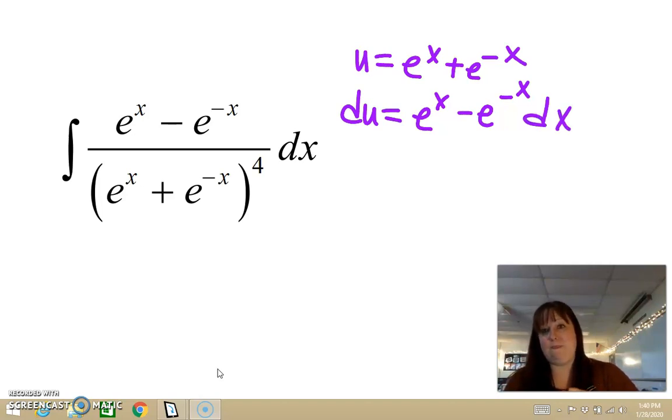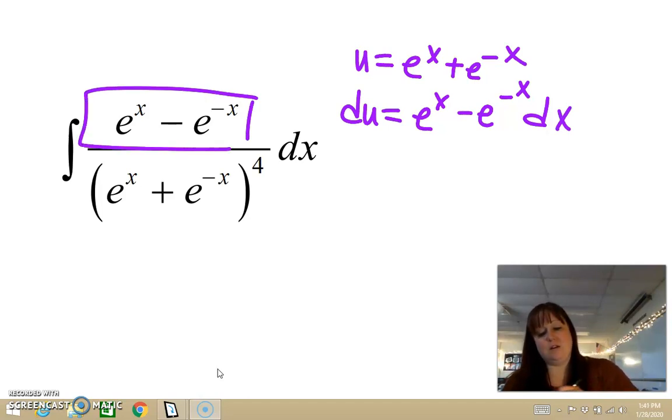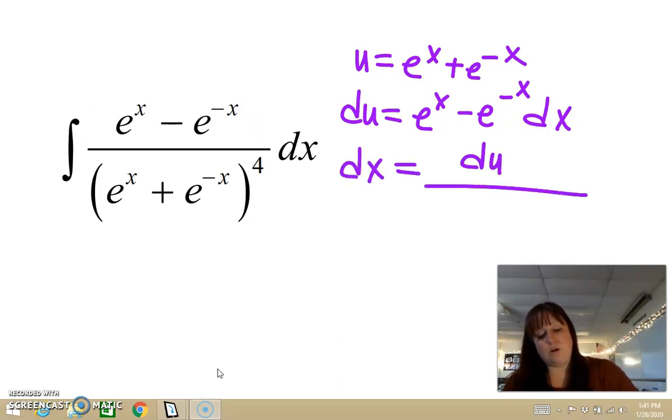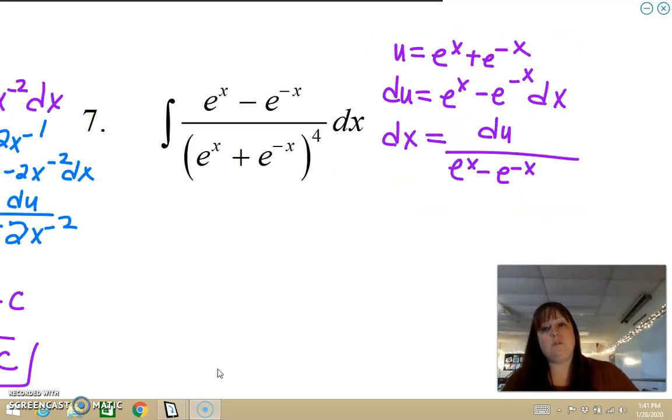Okay, well, that looks promising because that is right here, right? So then dx equals du over e to the x minus e to the negative x. So now I can make a substitution.